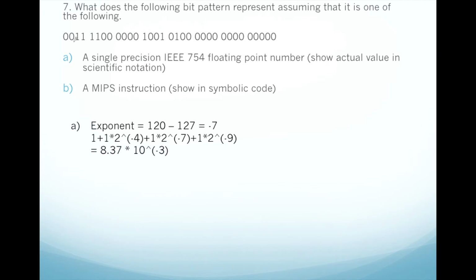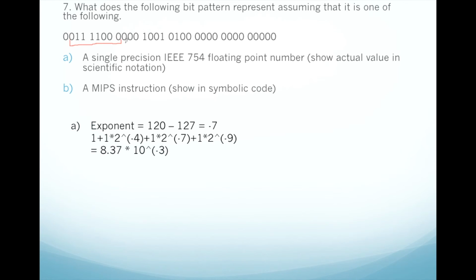So these bits right here, 1, 2, 3, 4, 5, 6, 7, 8. If you convert that to decimal, that will be 120. You subtract your 127, and you're going to get your negative 7.